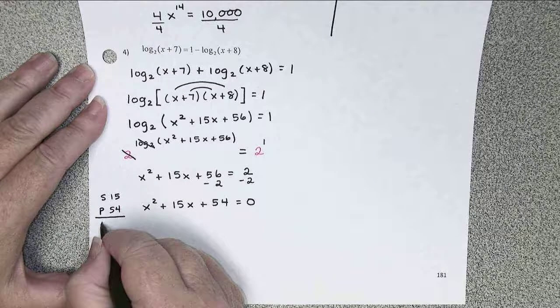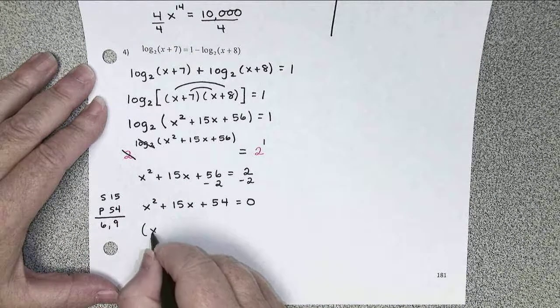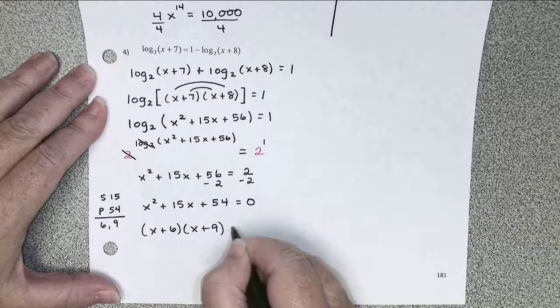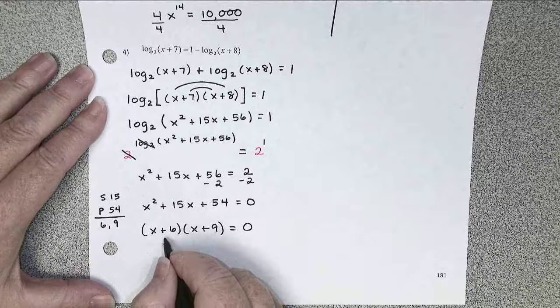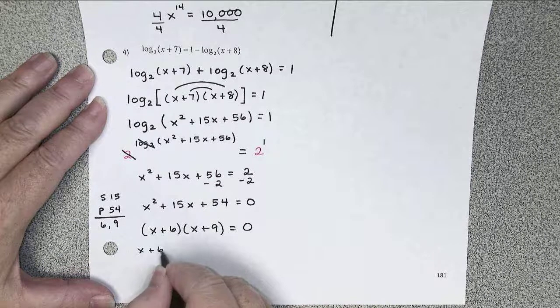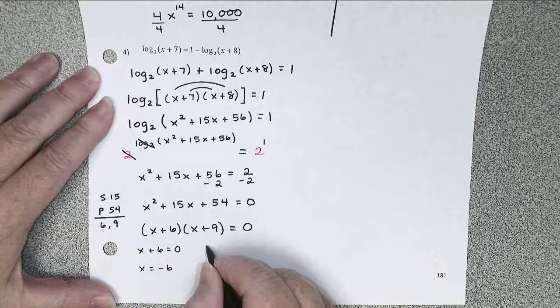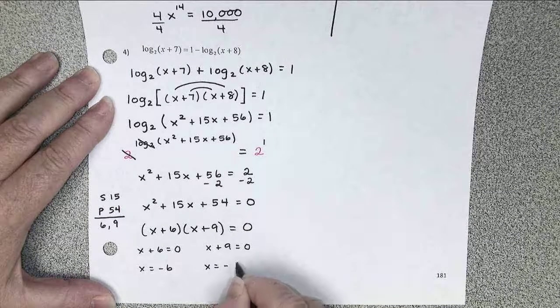I believe 6 and 9 will do that. So x plus 6 times x plus 9 equals 0. If x plus 6 is 0, that would give me x equals negative 6. And if x plus 9 equals 0, I'm going to get x equals negative 9.